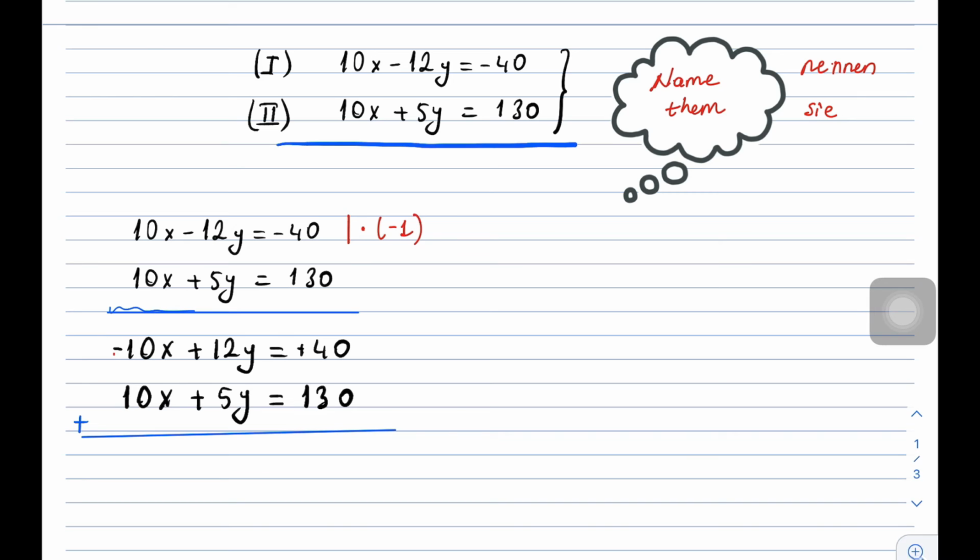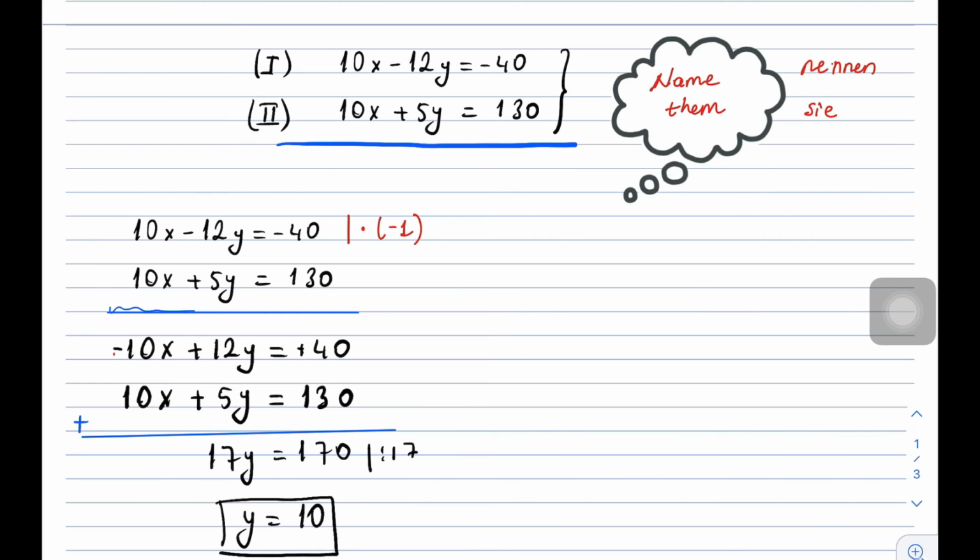Then what is left here? 12y plus 5y, it's 17y, is equal to 130 plus 40, 170. Now, 17y is equal to 170, divided by 17, y is equal to 10. Alright, y is done. What is left?